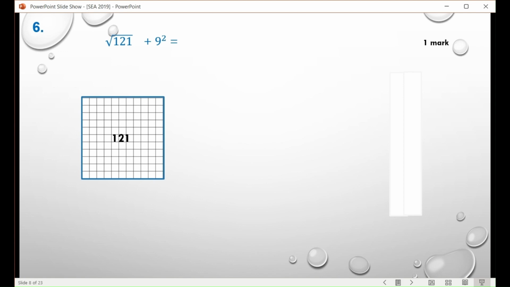So do we remember our square numbers? If not, we can make a little list. 1, 2, 3, going up the road, let's say maybe 15 or so, we can stop. And if we're squaring a number and it ends with 1, which one of those numbers end with 1 when we square it? If we say 1 times 1, that will end with 1.